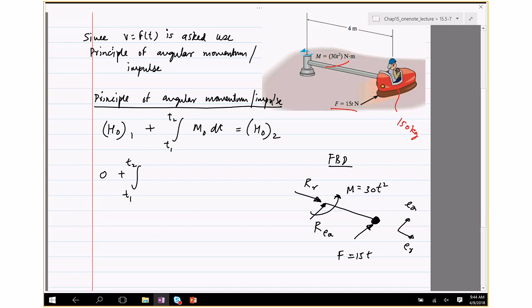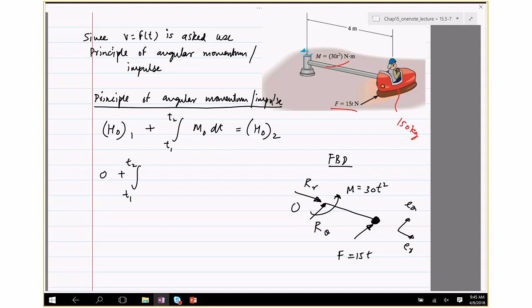So let's write the moment. There are three forces and there's one moment, so all these things we have to account for when we write the contribution to the moments. When we take the moment about O, the reactions in R and e theta have no contribution because they act at O, and the moment arm is 0.